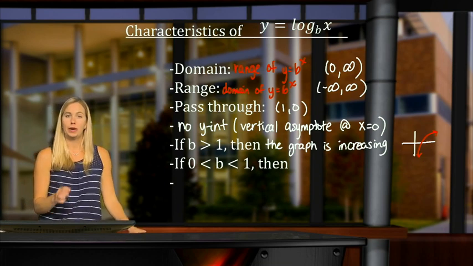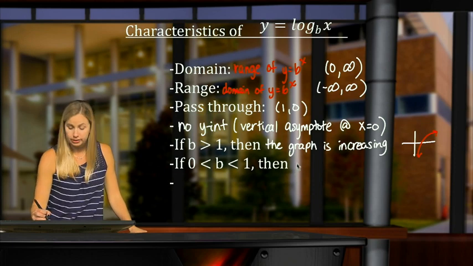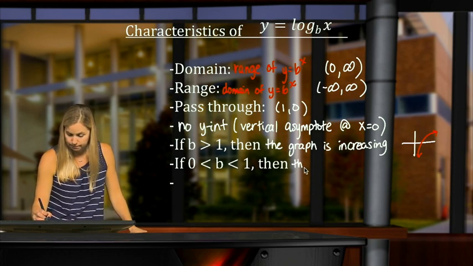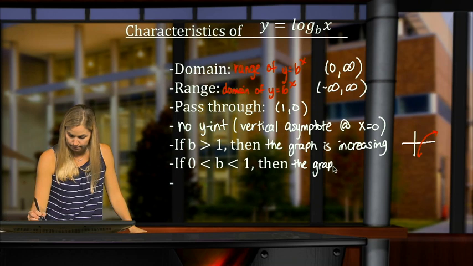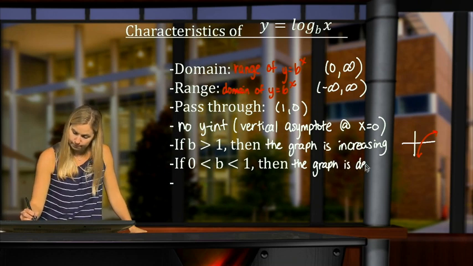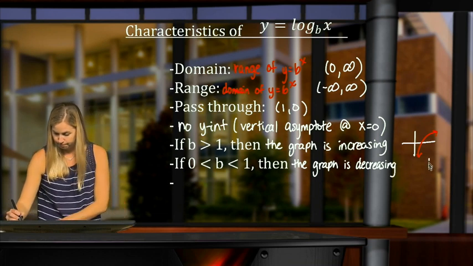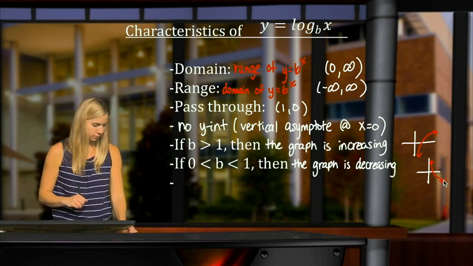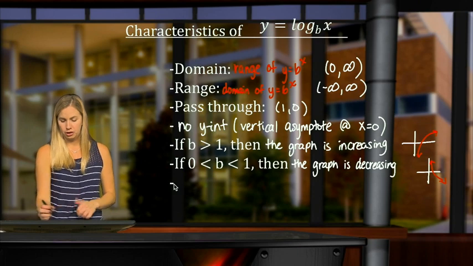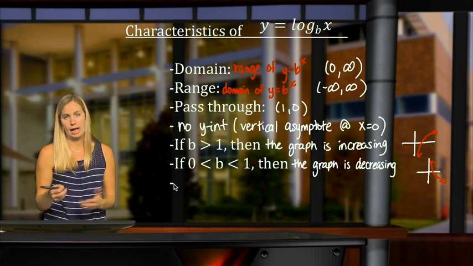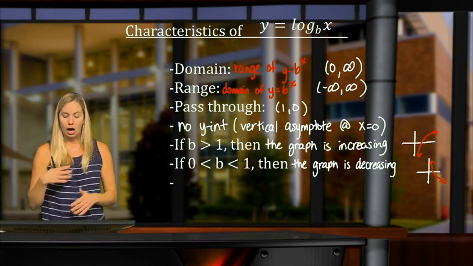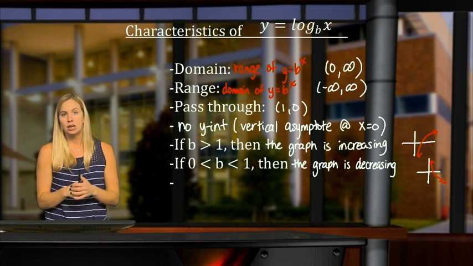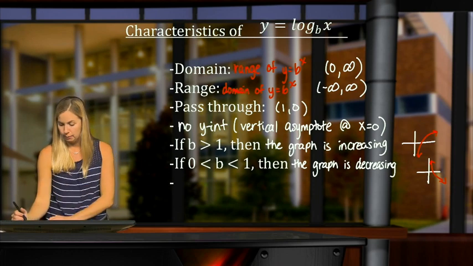And if the base is between 0 and 1, then the graph is decreasing. Which will look like this. And this last bullet here is actually for what we listed up here, that we have a vertical asymptote, so we don't need to rewrite that. The vertical asymptote is related to the fact that there is no y-intercept.